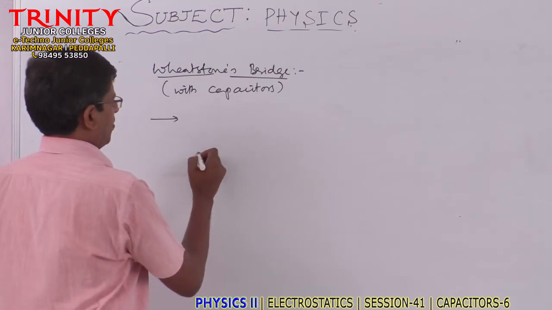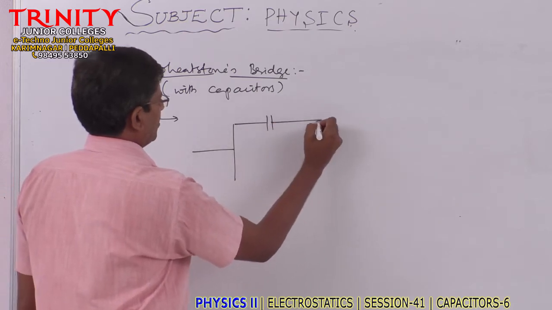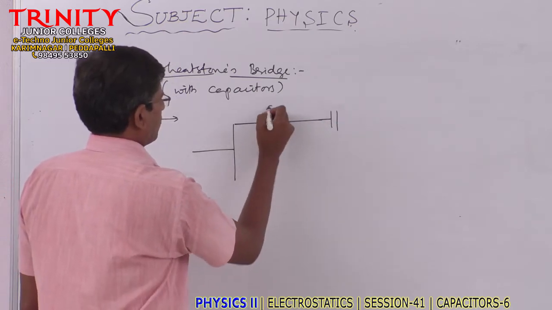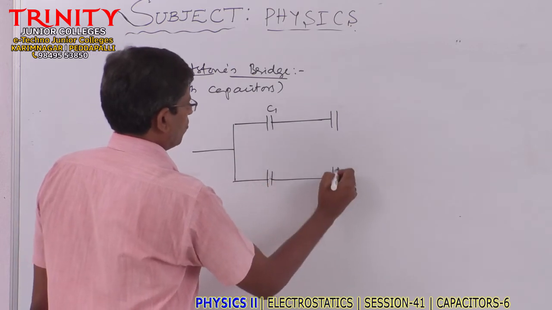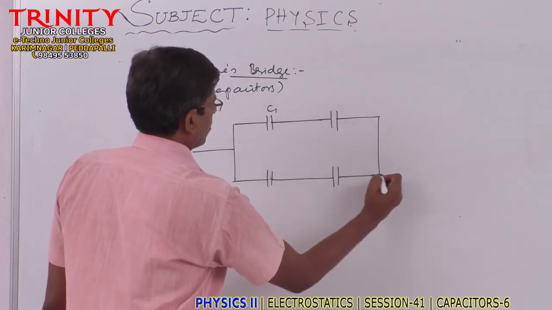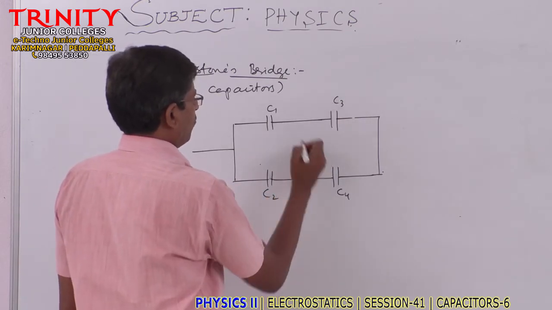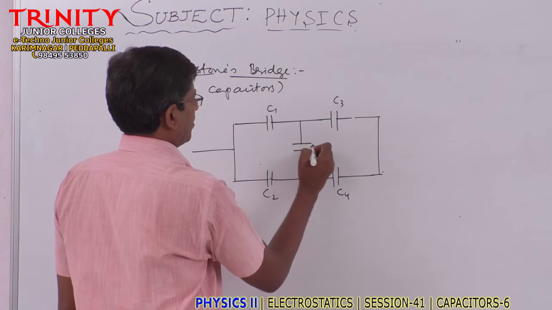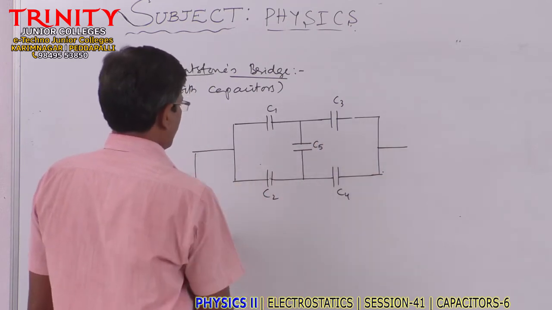Now it's very simple one. See here, this is one capacitor C1 and this is another capacitor C2, and this is C3 and this is C4, and there is one more capacitor here, that is C5, connected like this, and these terminals are connected to a battery.